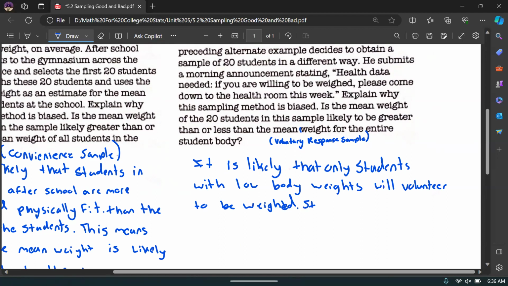Students who are overweight are less likely to volunteer.